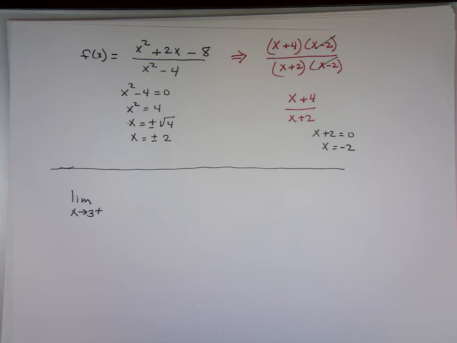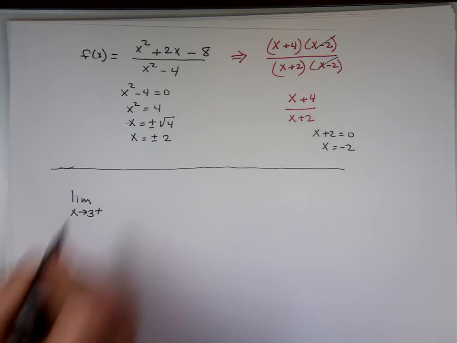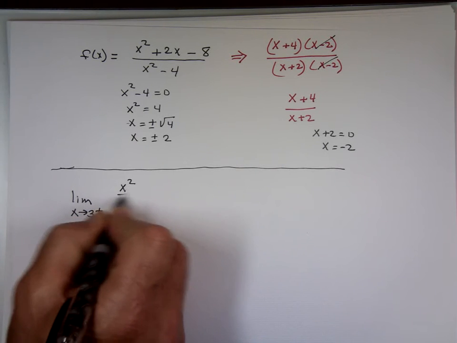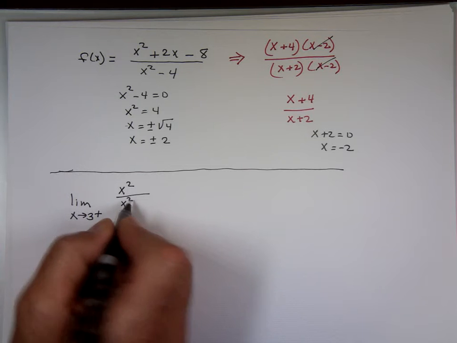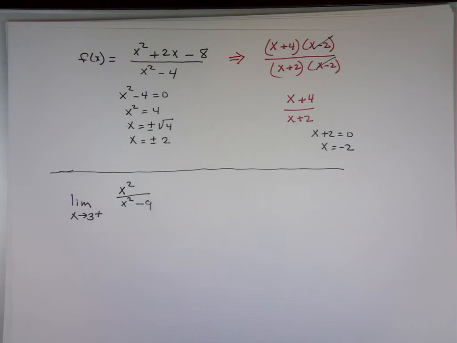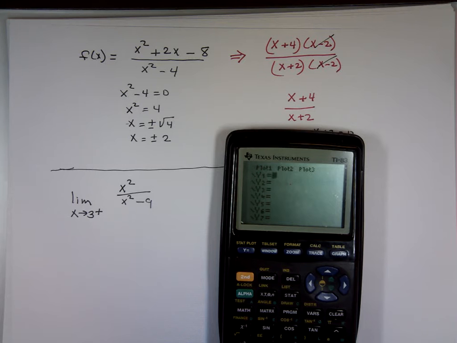Tell me, is that a positive infinity or a negative infinity? Let's look at this. Let me write that function. x squared divided by parentheses x squared minus 9.